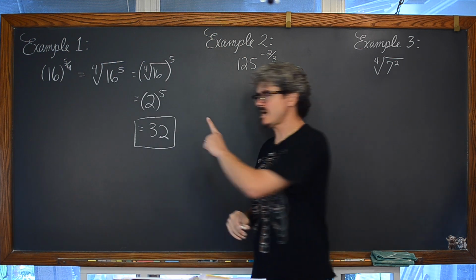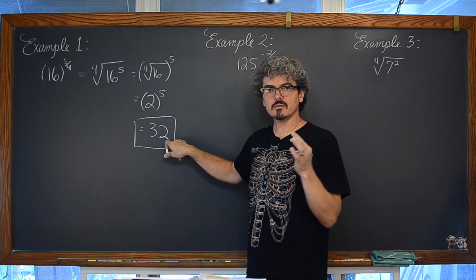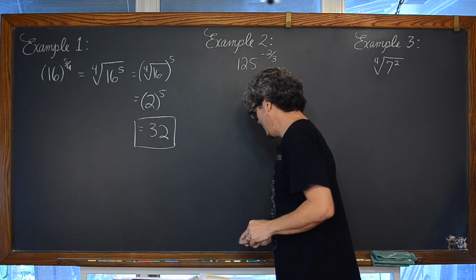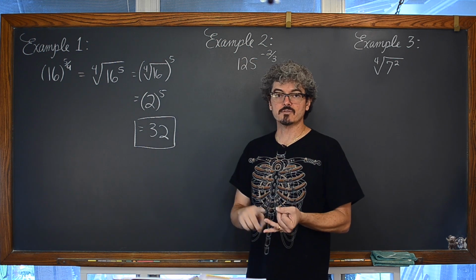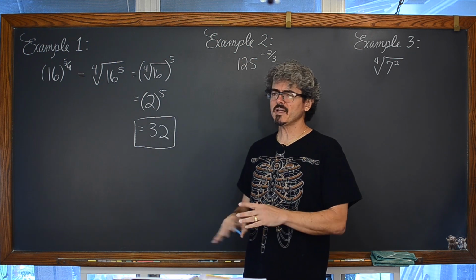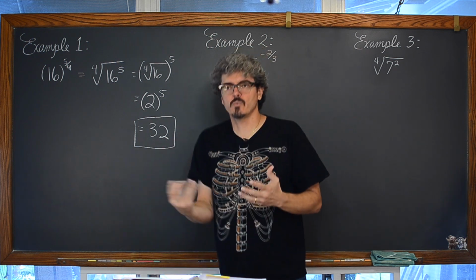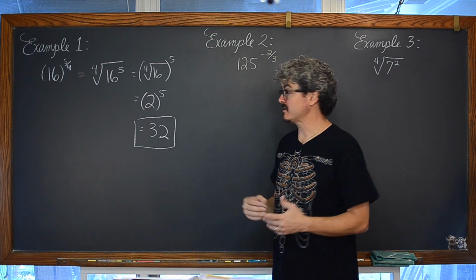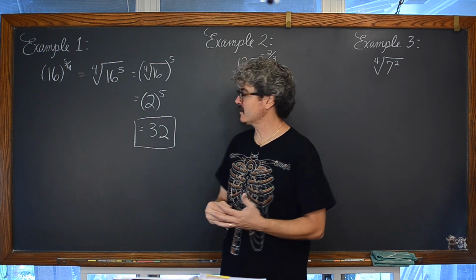Simpler. Now, this is not the only way that you can look at this problem and come up with this final answer of 32. When you're working with expressions that deal with radicals and fractional exponents, you normally have a wide range of ways to find your way to the final answer. Like, instead of using radical notation, maybe I want to work with properties of exponents.